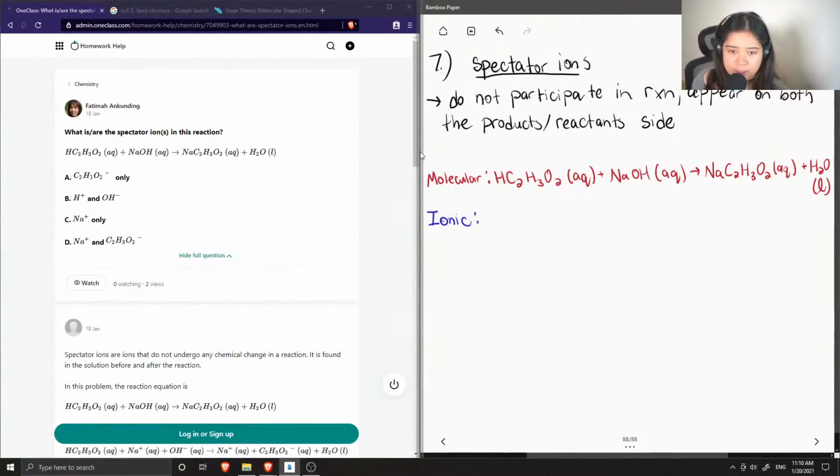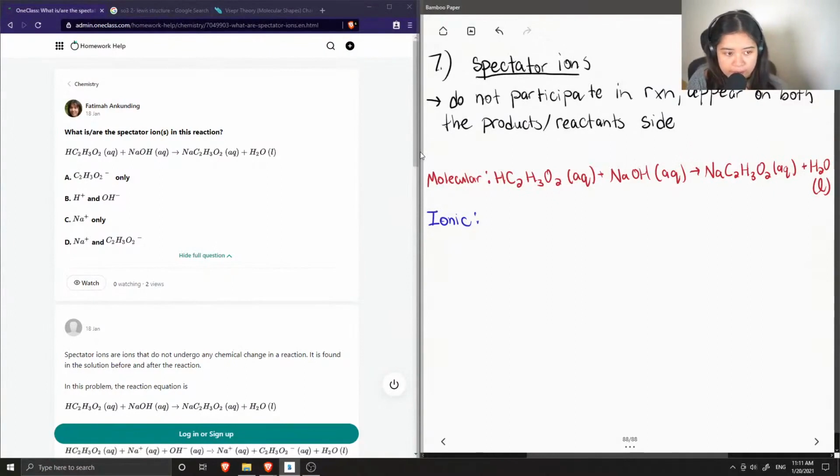The only things that don't separate into ions would be our pure liquids or pure solids. In this example, our H2O is a liquid, so it's the only thing that doesn't separate into its ions. So now we can write all of the other aqueous species as ions.